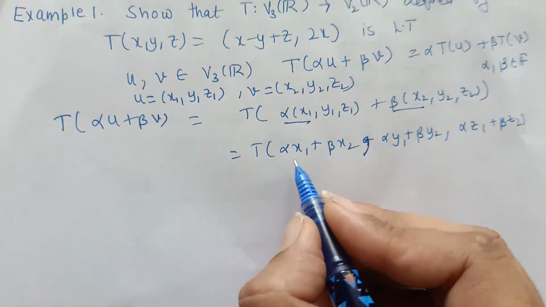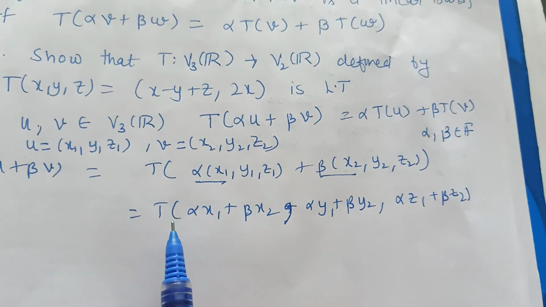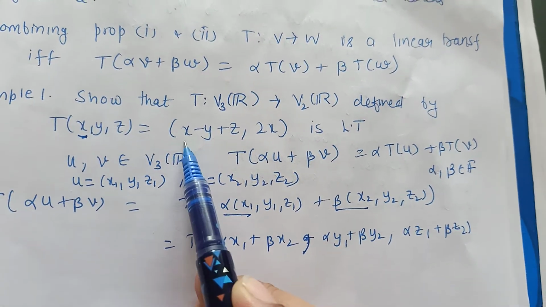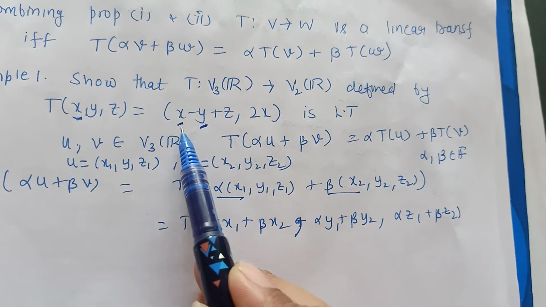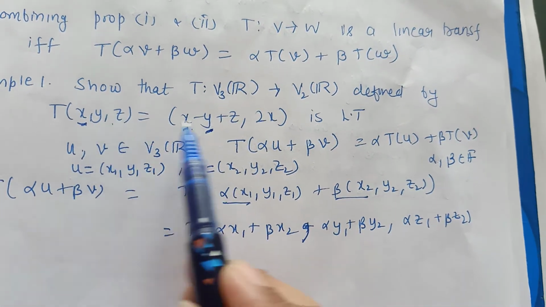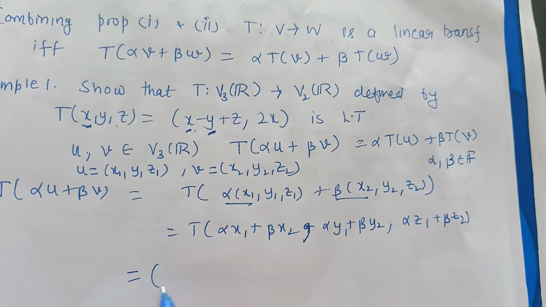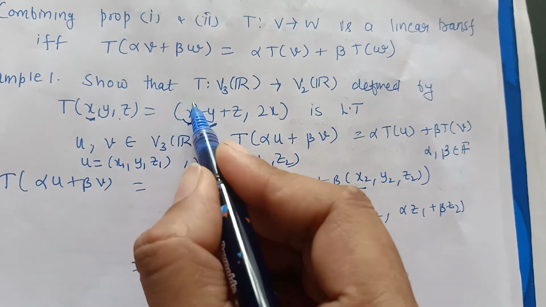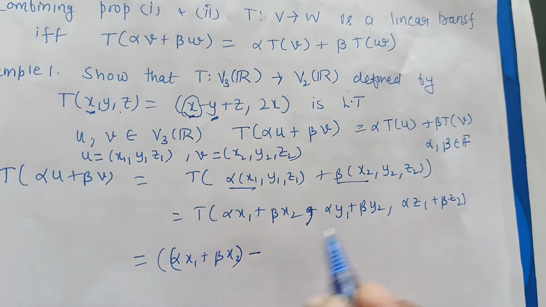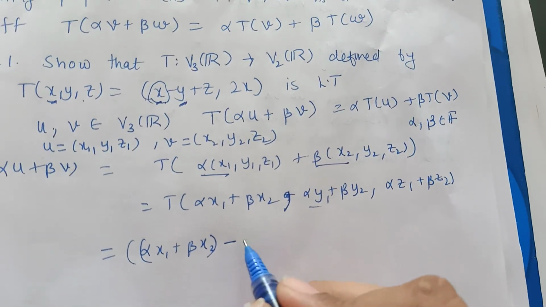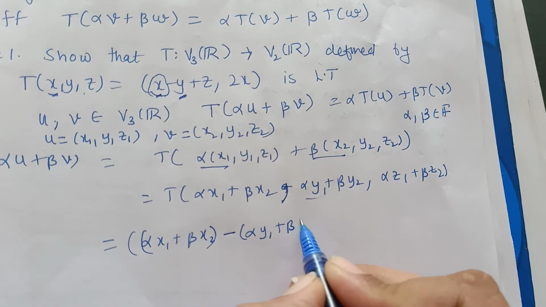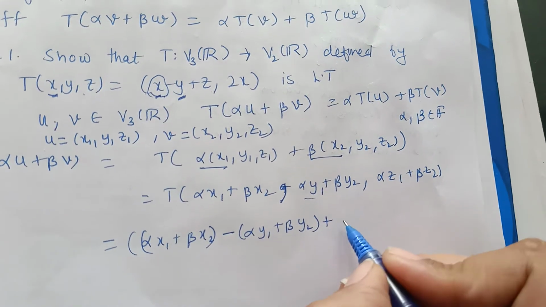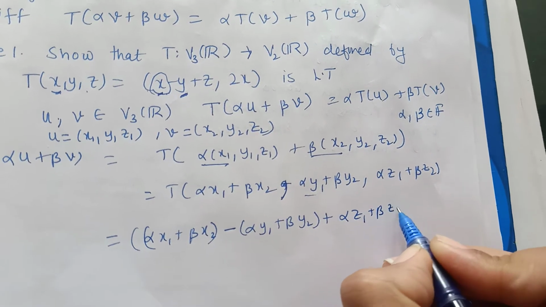So now let us see how the transformation changes this vector. The transformation takes the first coordinate and subtracts the second coordinate from it and then adds the third coordinate. So this will be alpha x1 plus beta x2, this is the first coordinate, minus the second coordinate, alpha y1 plus beta y2, and then add the third coordinate, alpha z1 plus beta z2.